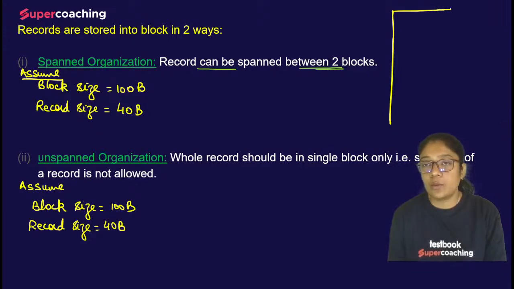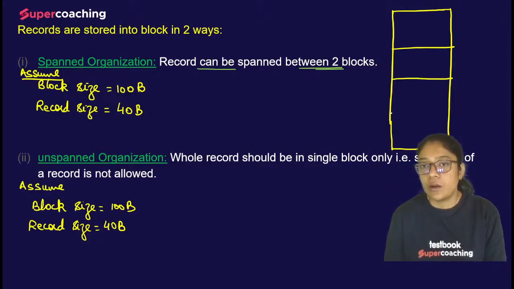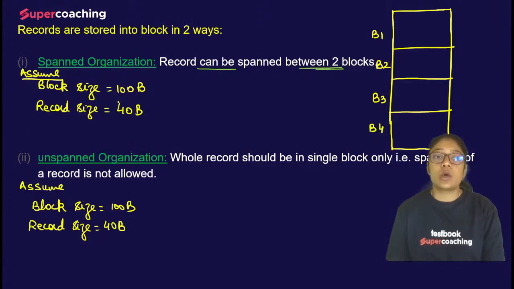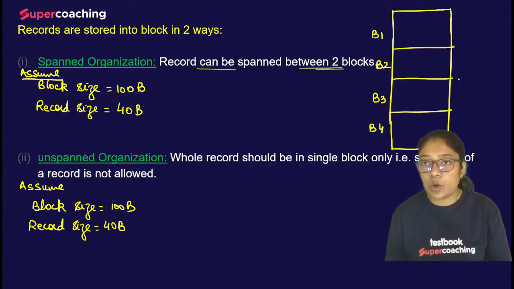Let us assume that we have 4 blocks. This is block 1, block 2, block 3 and block 4. Size of each block is 100 bytes, यानी कि एक block के अंदर आप 100 bytes data store कर सकते हो.